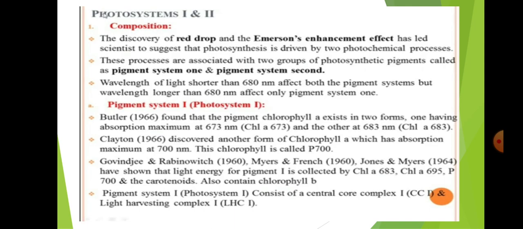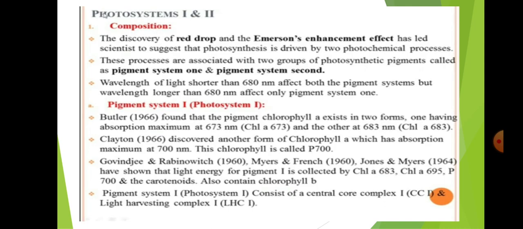Clayton in 1966 discovered another form of chlorophyll A which has absorption maximum at 700 nanometer, and this chlorophyll is called P700, which absorbs 700 nanometer light, utilized for photosynthesis.